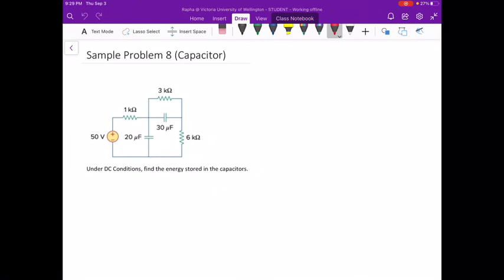As previously mentioned, under DC conditions our capacitors would be assumed as an open circuit. So the first step that we need to do is to open circuit the capacitors.